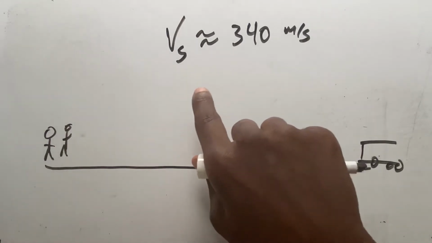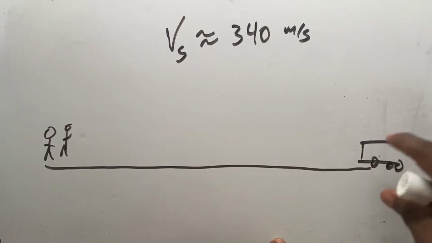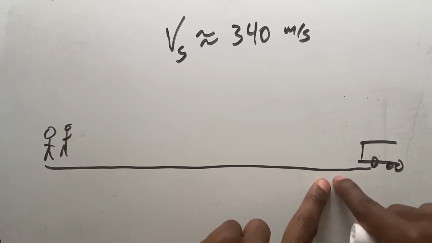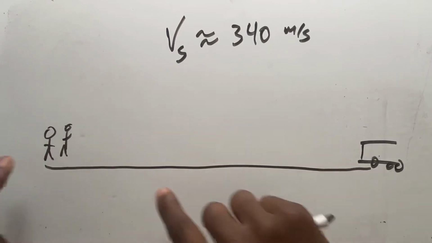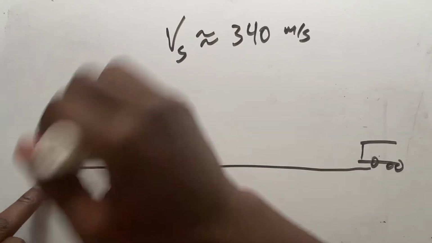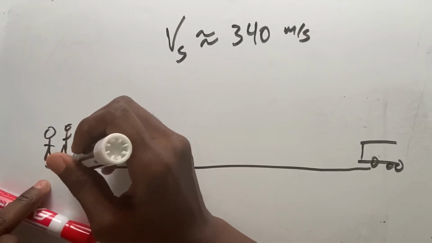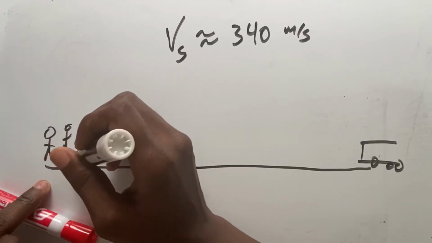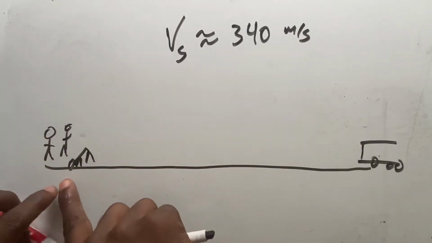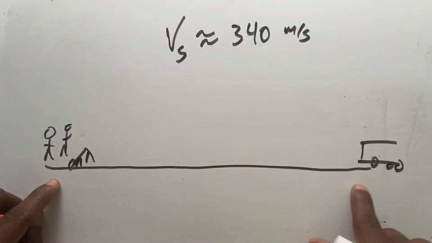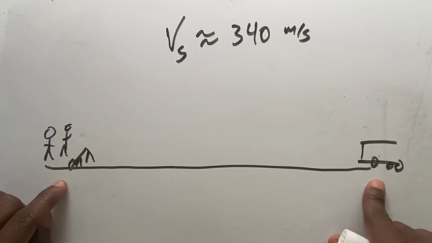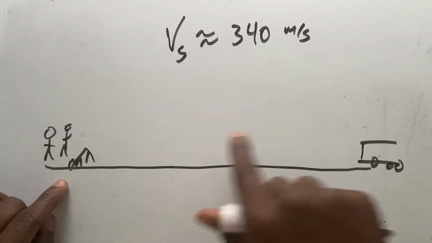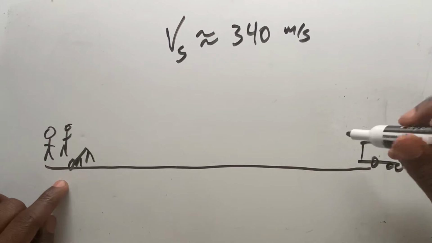But the train, since it's rolling on the track here, is causing the track to vibrate. So if you were to put your head to the track, you can actually hear or feel the vibrations of the train much faster than if you were to hear it through the air.